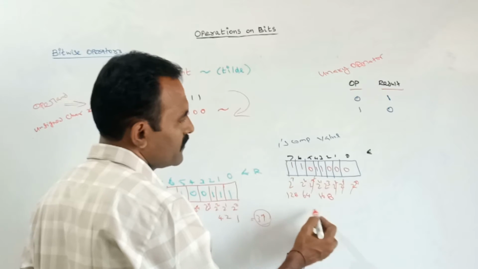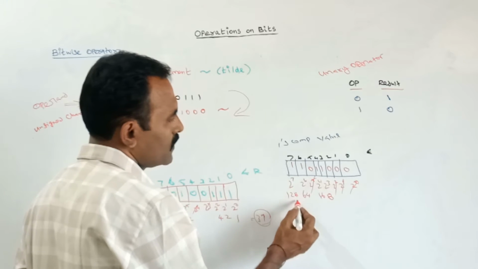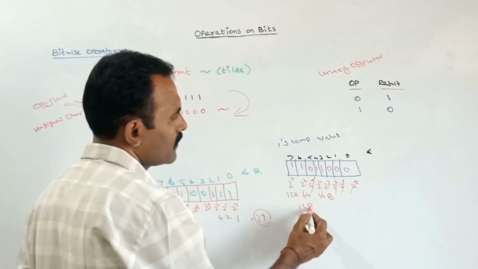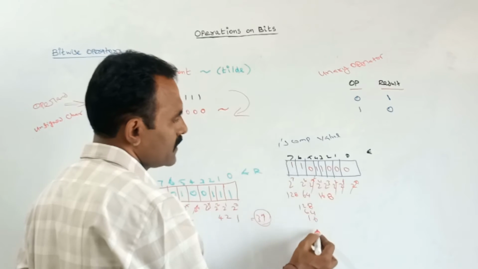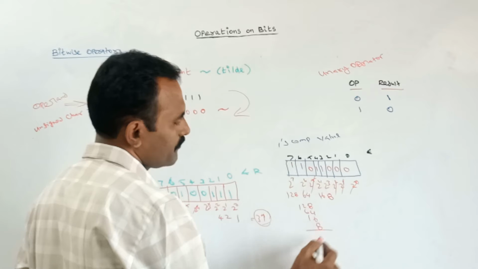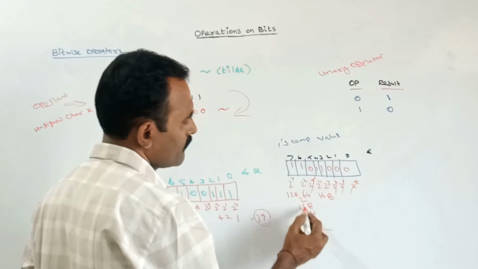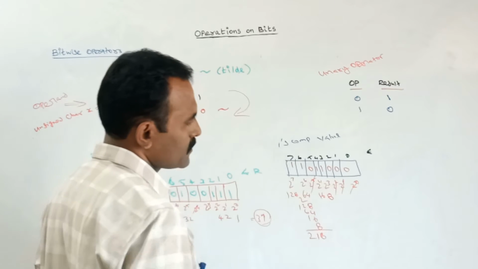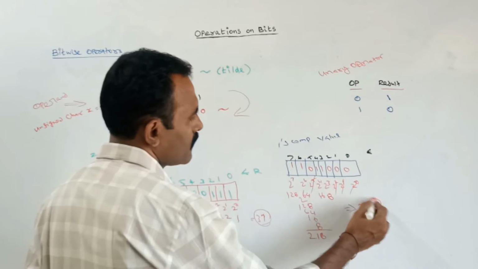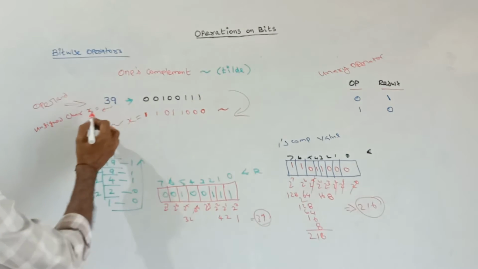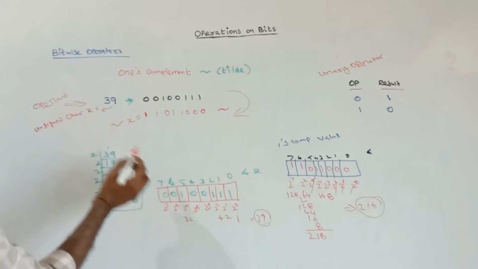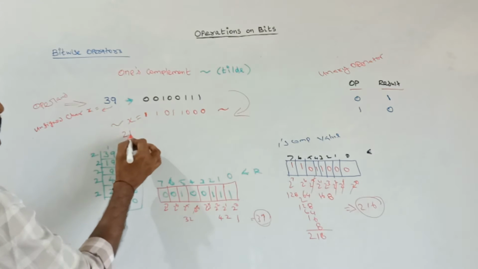Now if you add 128, 64, 16 and 8, the answer is 216. So the ones complement value of 39 is 216.